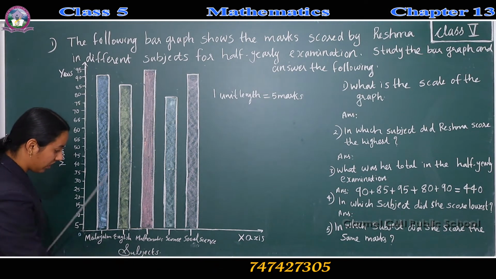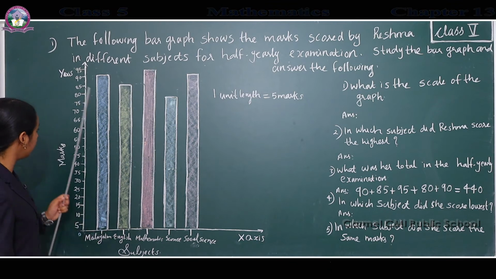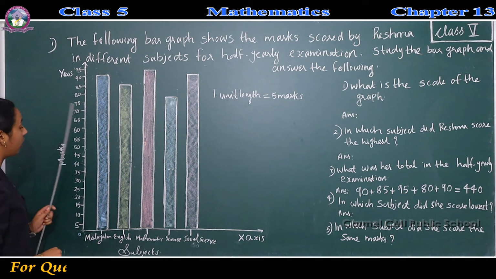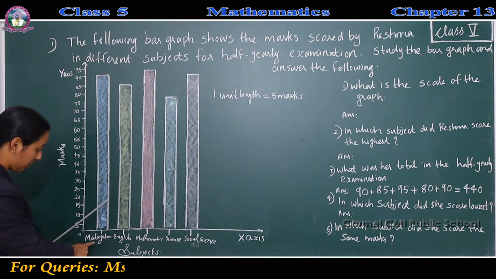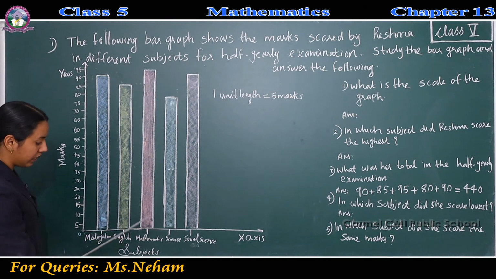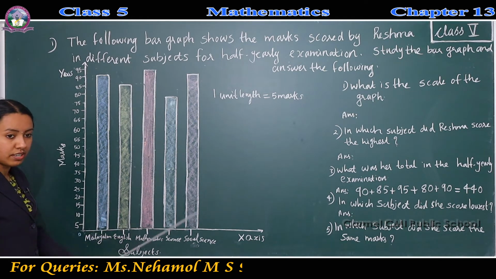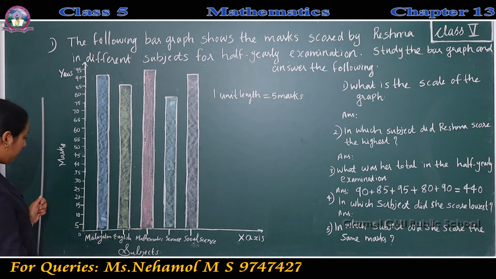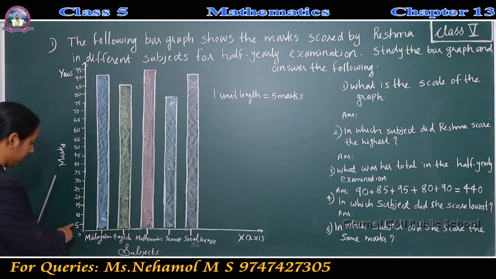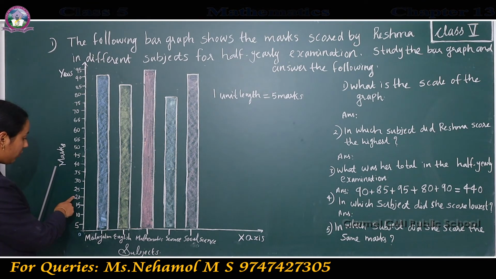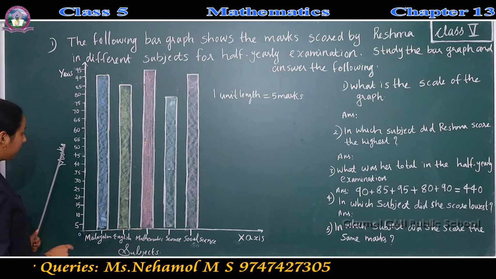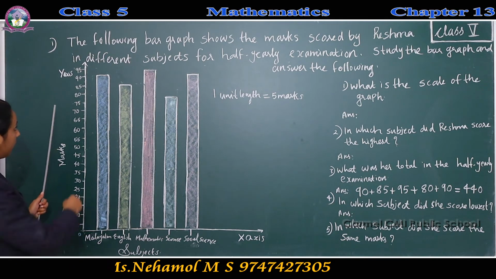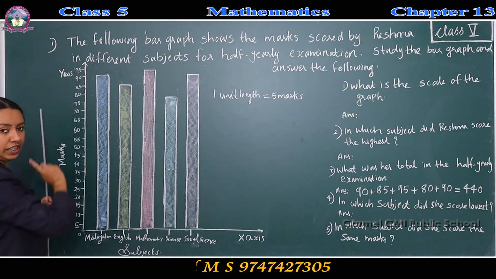Subjects are given along the x-axis and marks are given along the y-axis. Subjects Malayalam, English, Mathematics, Science, Social Science. Then marks are also given: 5, 10, 15, 20, 25, 30, 35, 40, 45 up to 95, in equal intervals.